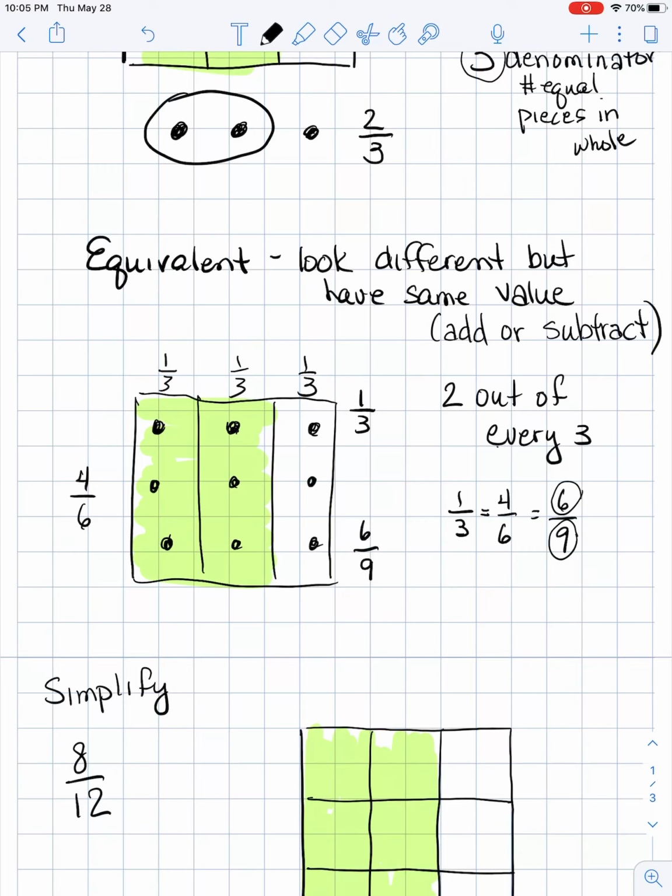So because the models are the same, the fractions are equivalent, as long as we have the same amount shaded. We haven't taken any shading away, or added any shading. So those fractions are equivalent. They have the same model or the same value.